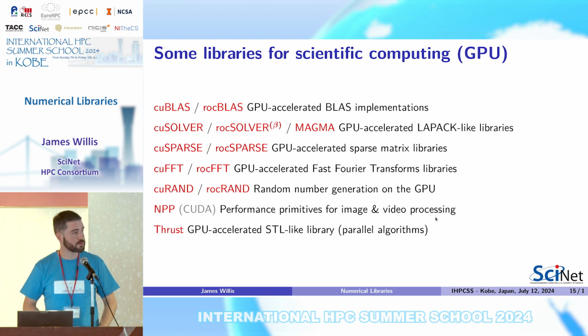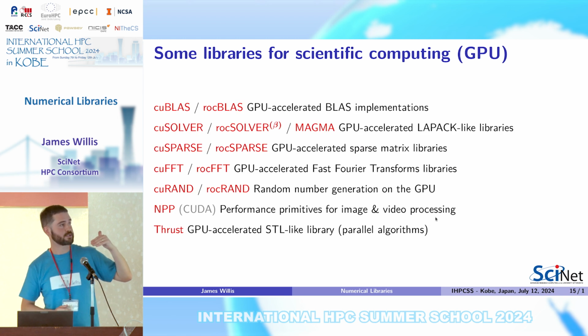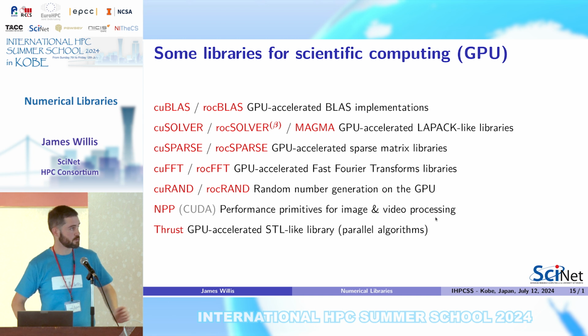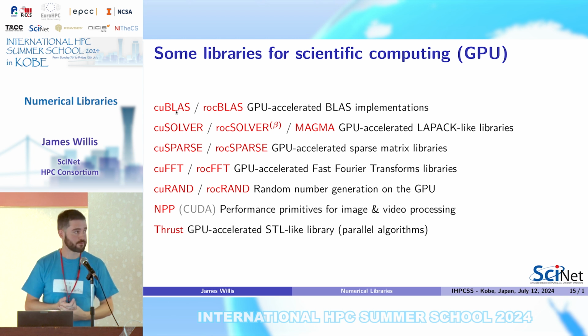So those were the CPU ones. And then we have a list of GPU equivalents. So we have BLAS again, but now it's cuBLAS. This is a CUDA compiled library for NVIDIA GPUs. And again, the equivalent for AMD GPUs is rocBLAS.